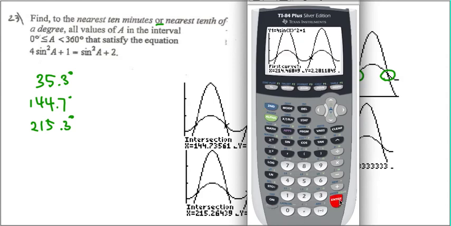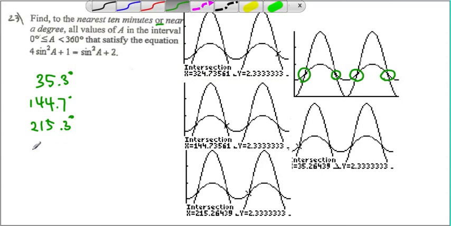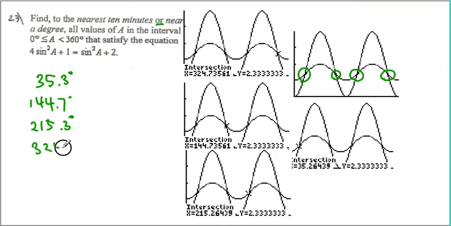First, second, guess. Right before we guess, we just have to get near the points that we want. It was 324.7 degrees. Alright, those are our answers using the graphing.